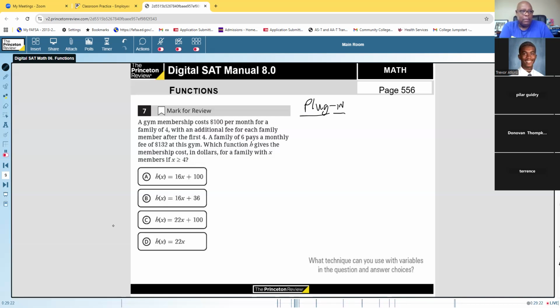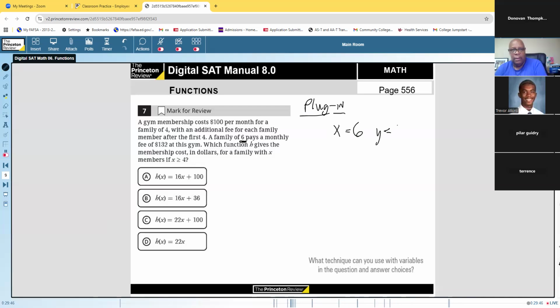Yeah, because they feed you back to 100, right? Yeah, and with X greater than or equal to 4, it just confuses me. Yeah, it means your plug-in could be X equals 4, but I always feel funny when I'm right on the boundary. I would do X equals 6, because I know when X is 6, Y is 132, but I shouldn't say Y, should I?